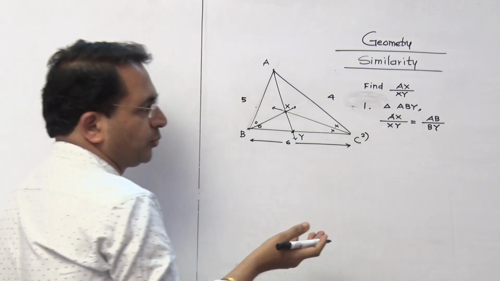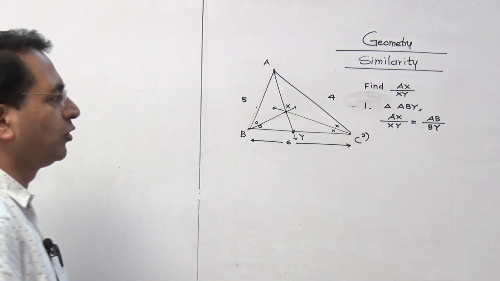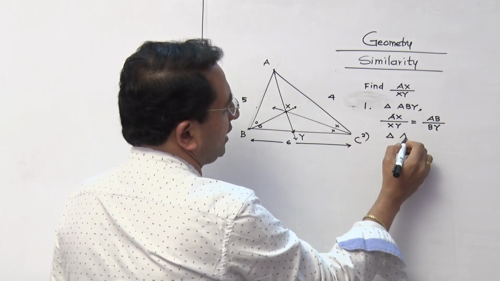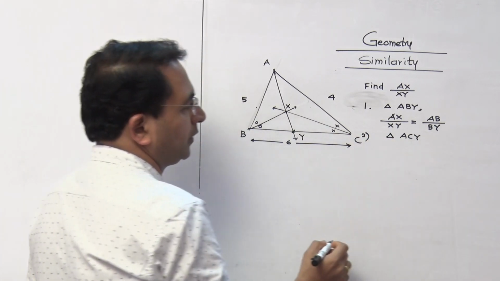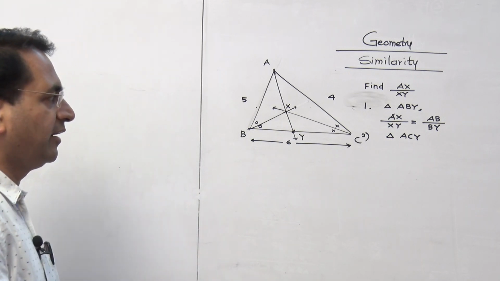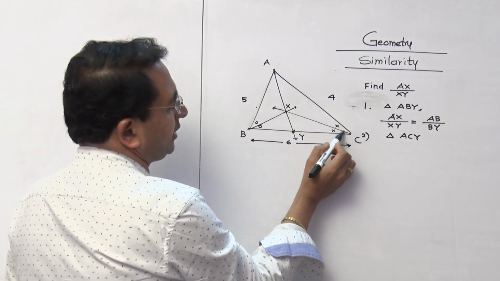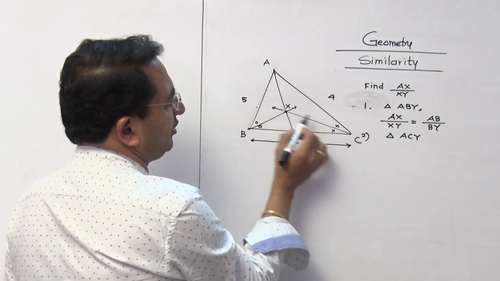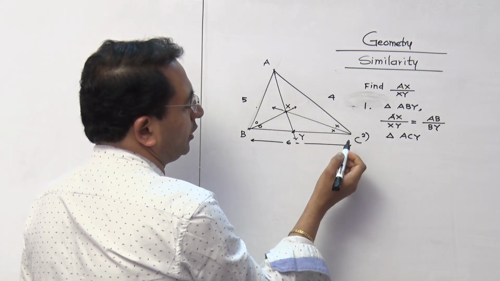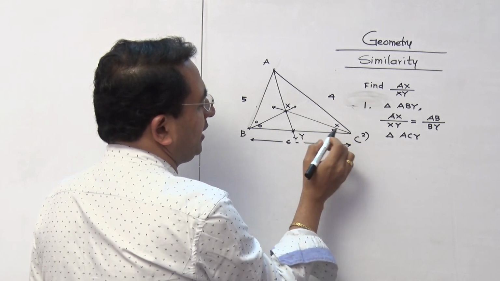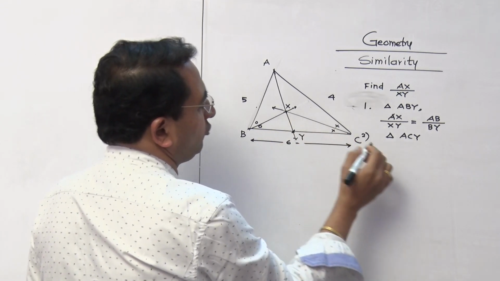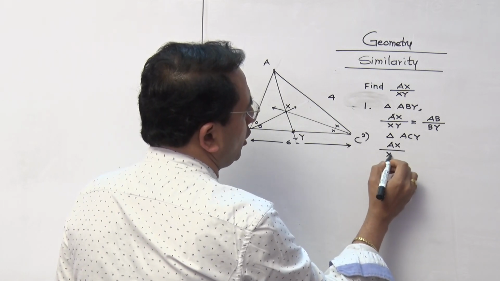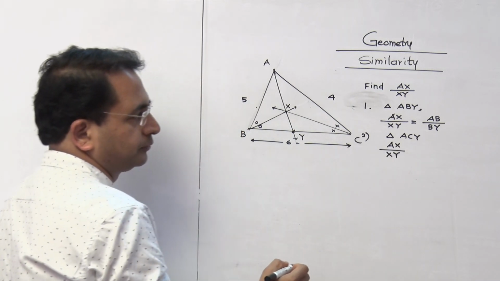Now similar to this procedure, I can take one more triangle which is on your right side, and I write: in triangle ACY now. In this triangle ACY, is this a bisector of the angle? So it bisects the opposite side in the ratio. It divides the opposite side in the ratio of the remaining sides, and that's why AX upon XY will come.